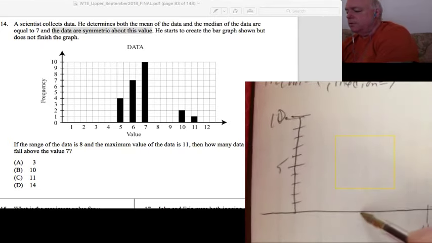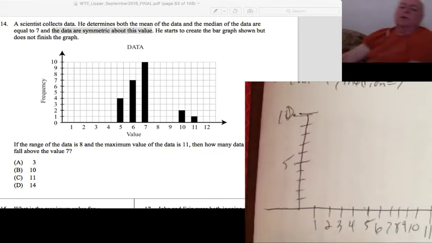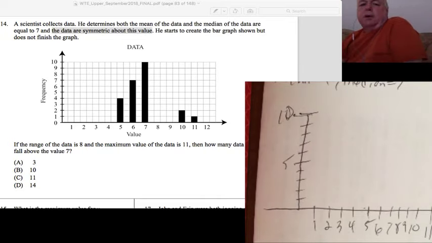So we're going to do about the same thing. This is about 5. So we have 1, 2, 3, 4, 5, 6, 7, 8, 9, 10. Okay, in your case, you can have the actual test paper, so you are not going to need to be drawing this stuff.